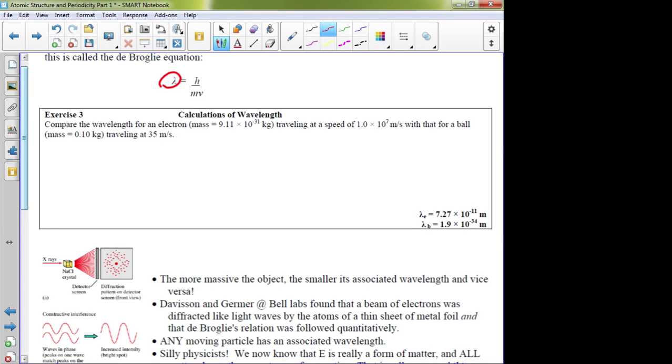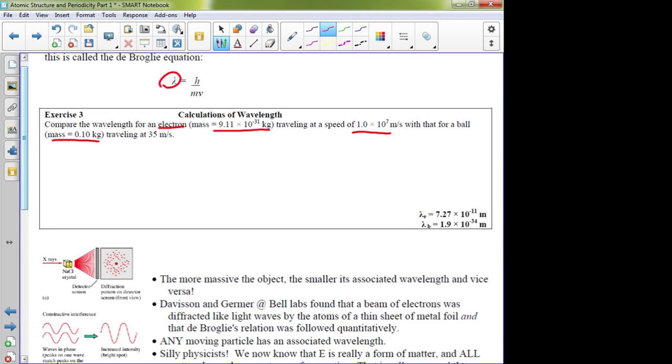And so in exercise 3, it asks us to compare the wavelength of an electron that has a mass of 9.11 times 10 to the negative 31 kilograms, aka an electron's mass is very, very what? Very, very tiny. If it's traveling at this speed compared to a ball that has a mass of 0.10 kilograms, so compared to an electron, the ball is very what?